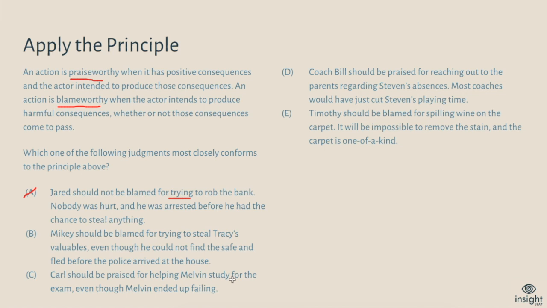C. Carl should be praised for helping Melvin study for the exam, even though Melvin ended up failing. Well, what's our rule for praiseworthiness? It's praiseworthy when it has positive consequences and the actor intended to produce those consequences. So those are two things that have to happen for something to be praiseworthy.